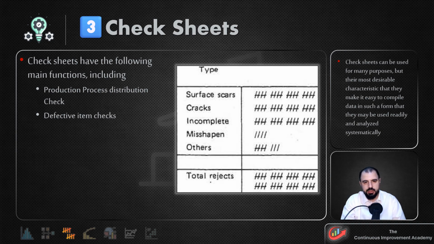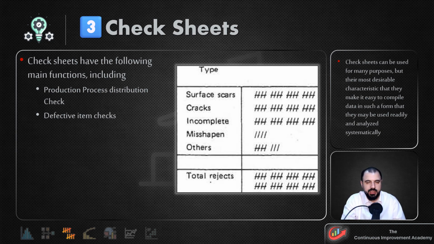Check sheets are very helpful in many situations, including when we would like to show the production process distribution so that we know how our process is performing, similar to the case in which we were checking the distribution of the thickness of our products in the 100 samples.